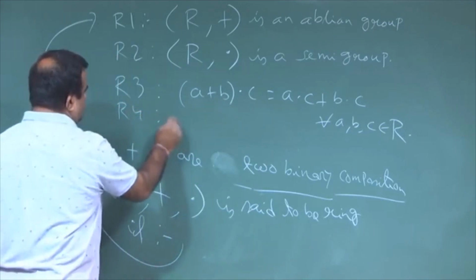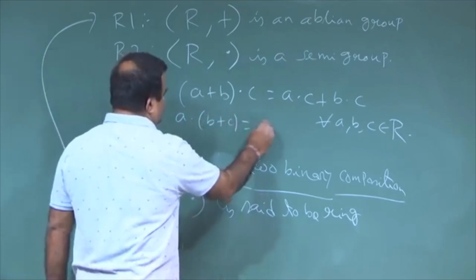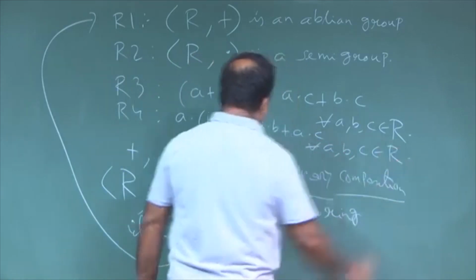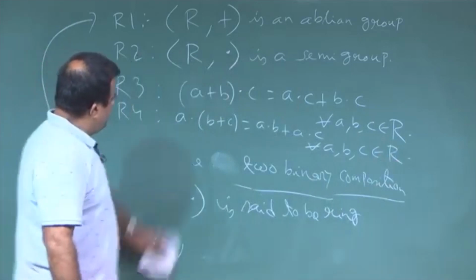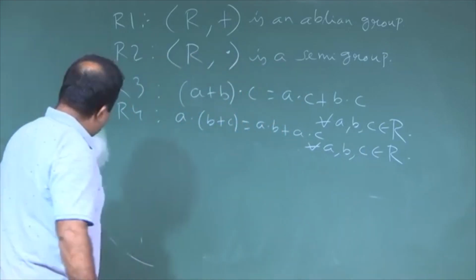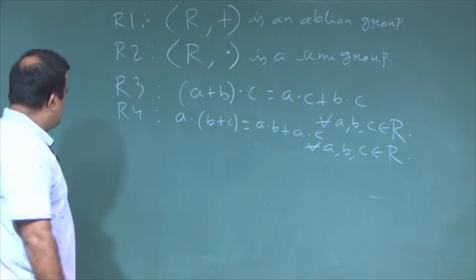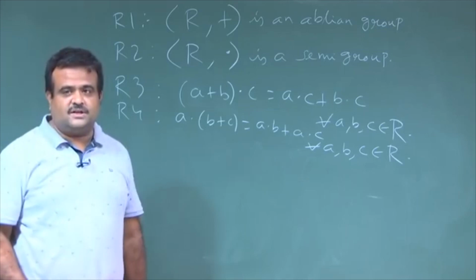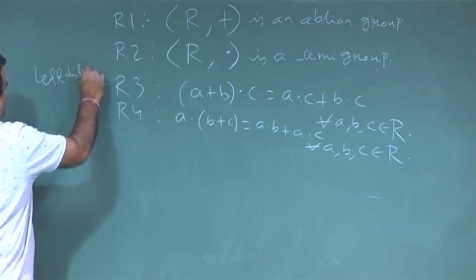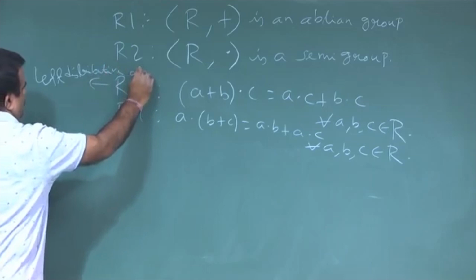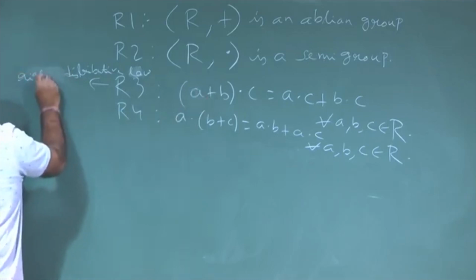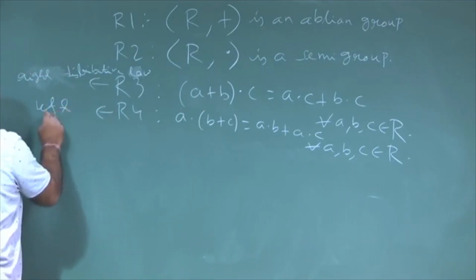And the left distributive law is A dot B plus C is equal to A dot B plus A dot C, and this is also true for all A, B, C.